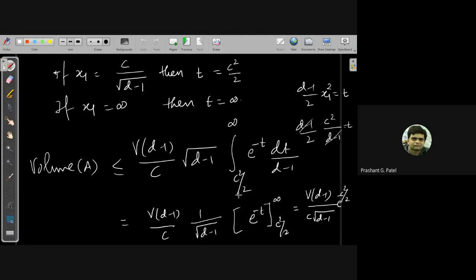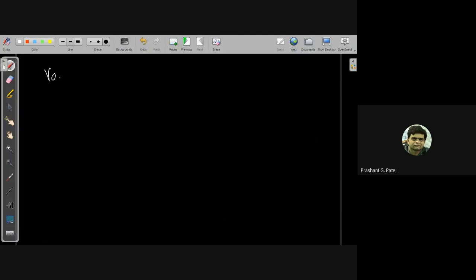Something is mistaken here. Okay, anyway, this has to be positive. Some mistake of negative sign is there, but this is the quantity we got. So finally, what we got is the volume of A is less than or equal to V_{d-1} by c into square root of d minus 1 into e power minus c square by 2.